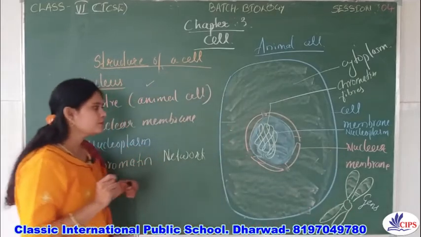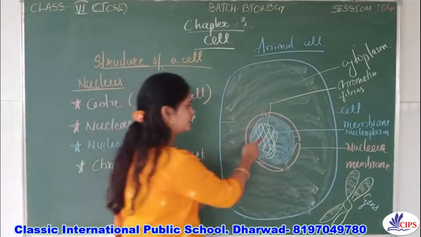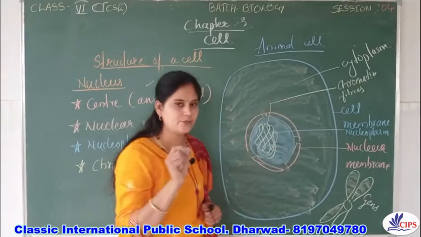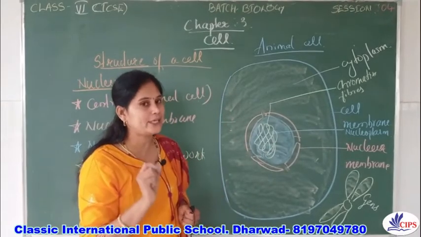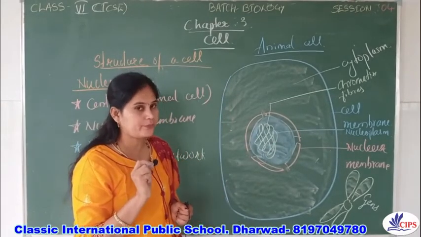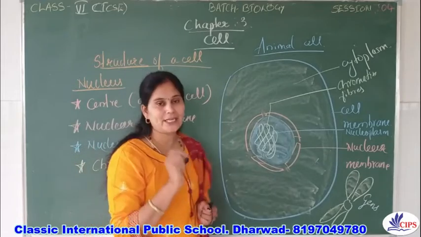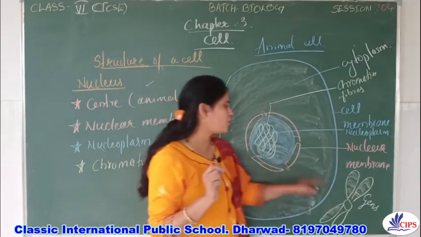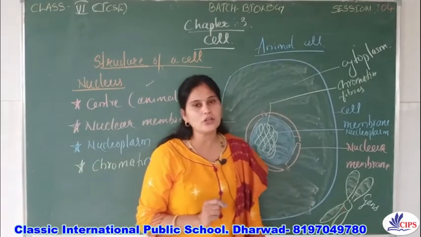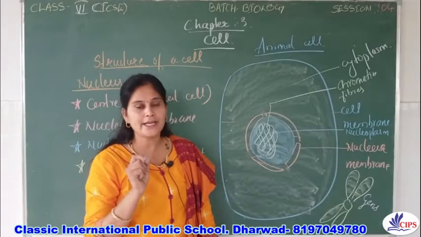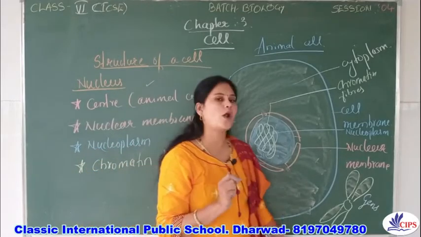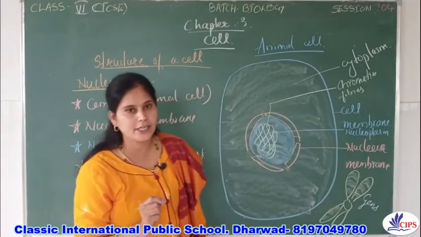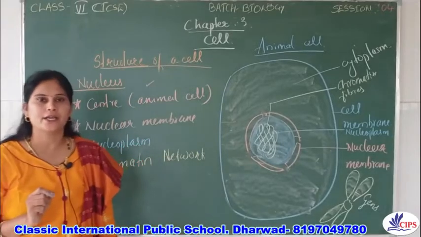So in the nucleus, the thread-like structures present are called the chromatin network. This is very important, right? And this chromatin network condenses during cell division and forms the chromosome. And on the chromosomes, the hereditary units called genes are present, the DNA and RNA.